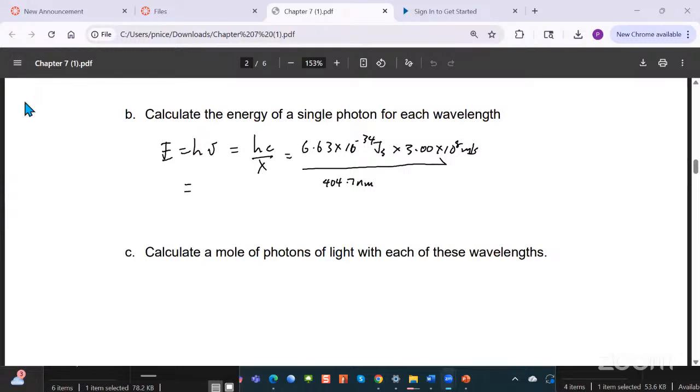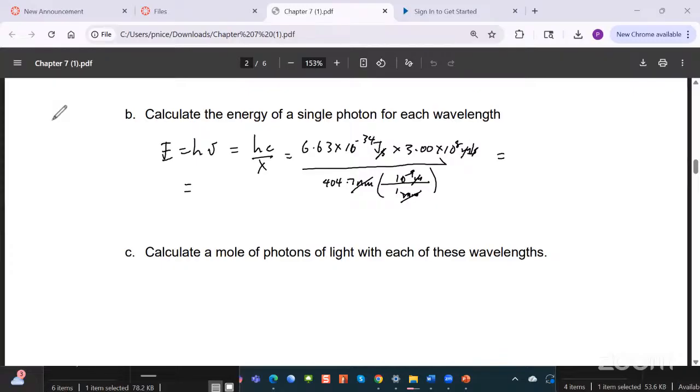So we're going to put 1 nanometer here, 10 to the minus 9 meters above. That goes with that. This goes with that. This goes with that. And we end up with the final answer. Let me calculate that.